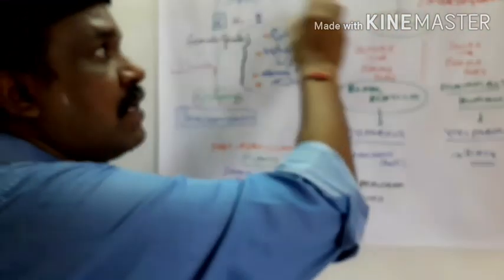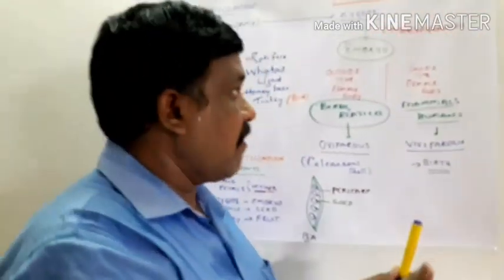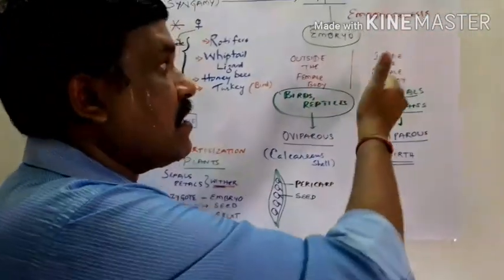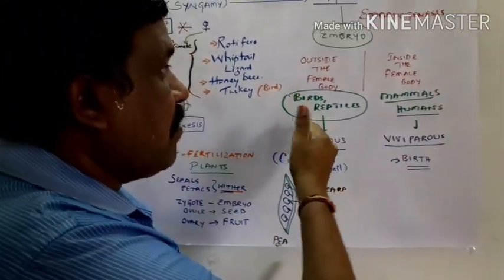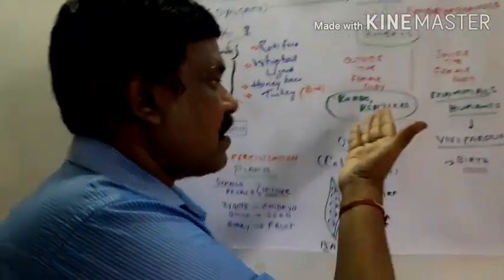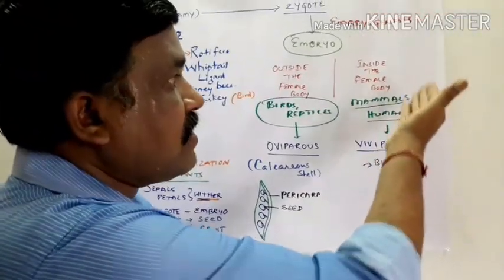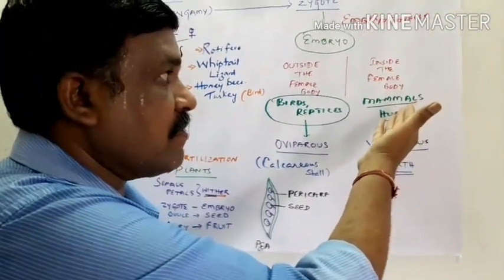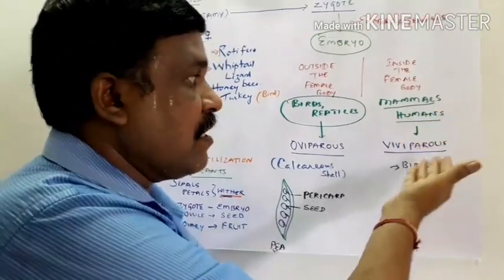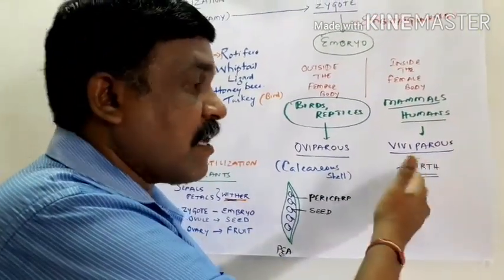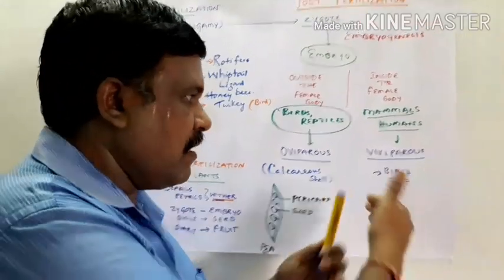In post-fertilization, the zygote changes into the embryo, and depending on the organism, the embryo develops either outside the female body or inside the female body. Outside the female body, we can take the examples of birds and reptiles. The process is called oviparous. And if it occurs inside, like in the case of mammals, including humans, we call it viviparous. So they give birth, right? The young ones are formed by birth.